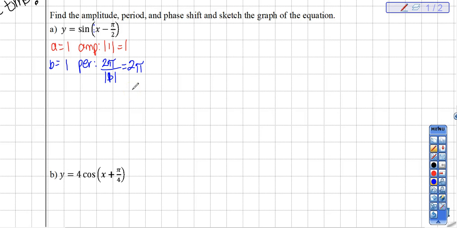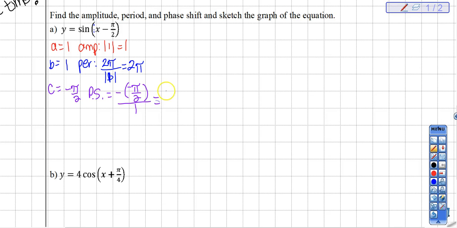It's still going to be, you'll have to do 1 full revolution to get the wave to complete. And then let's find your C term. So your C term is negative pi over 2. And we're going to find our phase shift now. So our phase shift is the opposite of C. So the opposite of negative pi over 2 over B, which is 1.